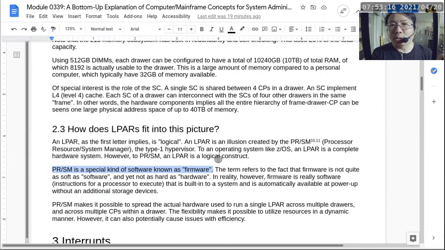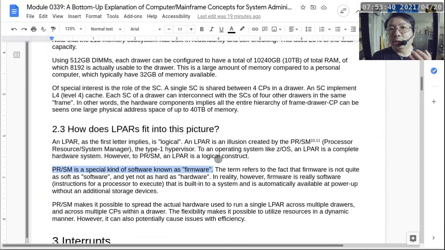Firmware is special because when the system boots up, the firmware is the first program that the system runs. In the case of a personal computer, the firmware is what we call BIOS, or these days UEFI.